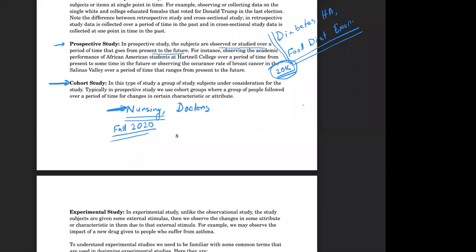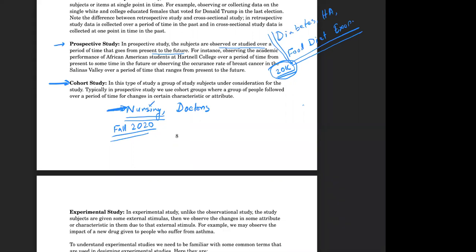Everybody has to take the same courses, and I see them working very hard and very religiously, spending a lot of time studying together. This group is called a cohort group. They go through the same experience over a period of time, and then you study them.